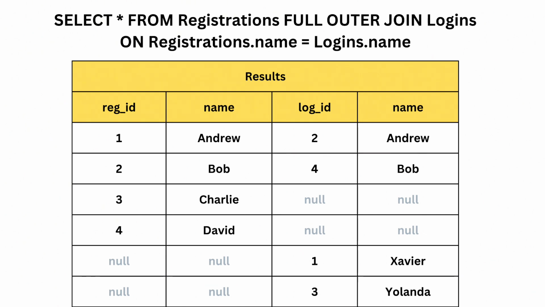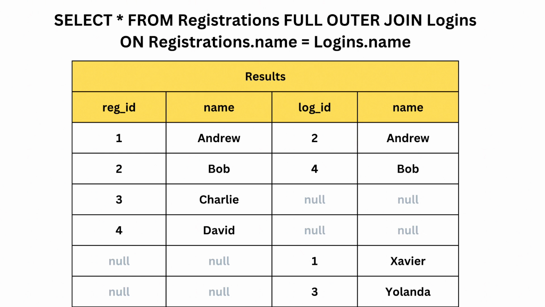Now, the issue that arises is that we didn't have a Charlie or David in logins, but we're still asking for everything. So what SQL ends up automatically doing for us is filling this in with null, essentially clarifying to you that there was no value present. So there was no Charlie or David in the logins column.